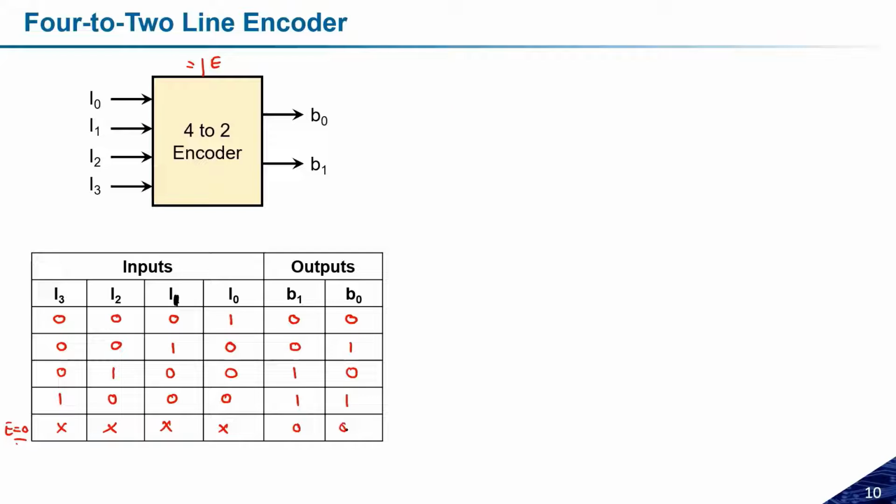So if it is not enabled, then I will get 0, 0 output only. This is based on the enable signal.